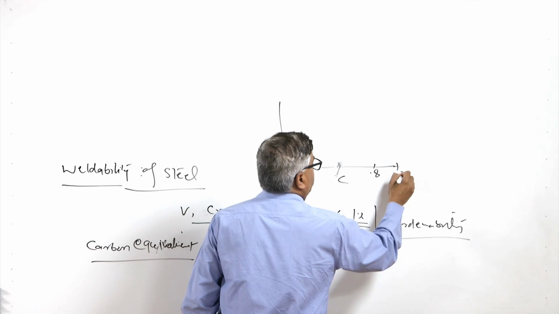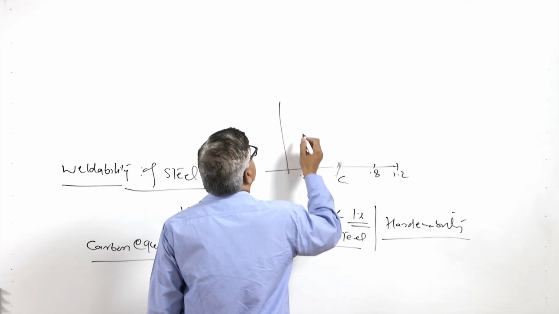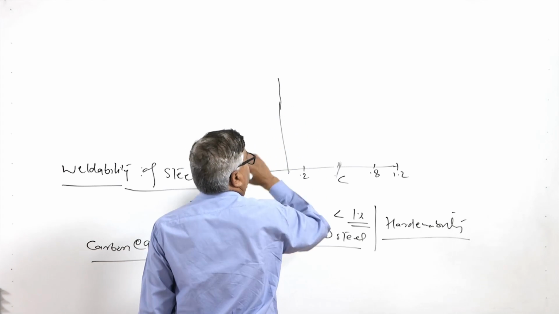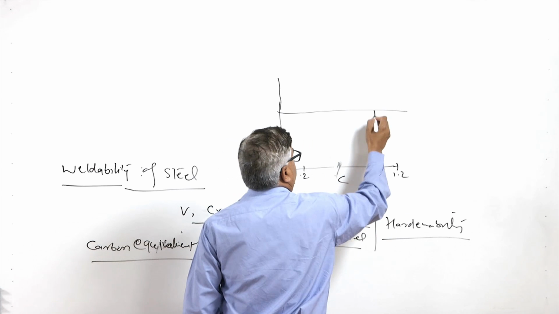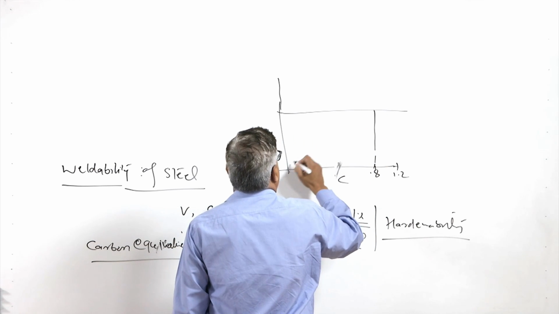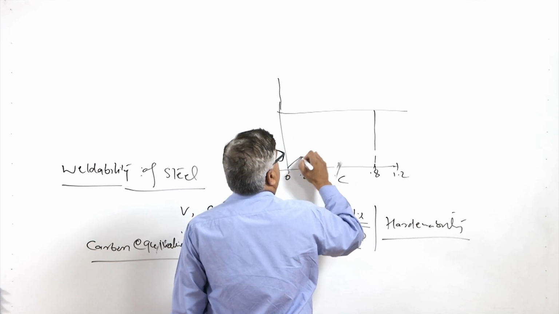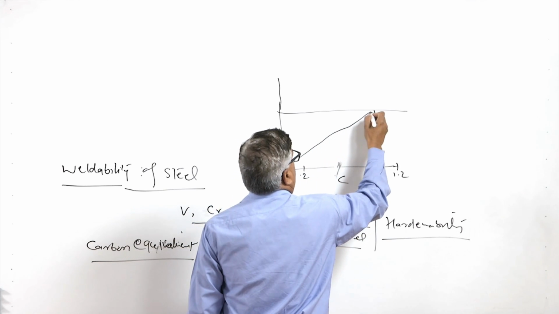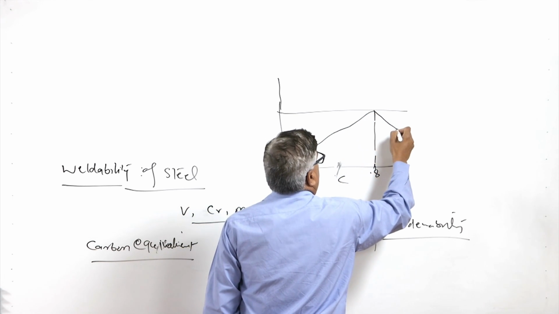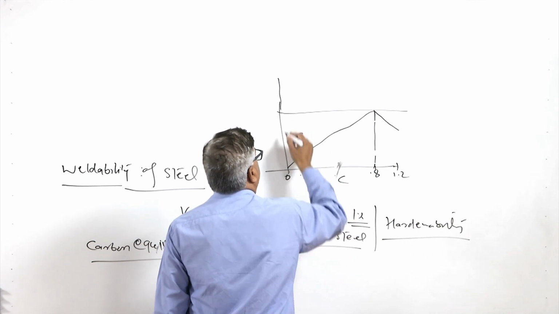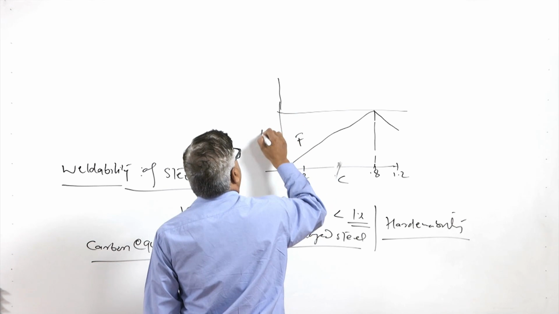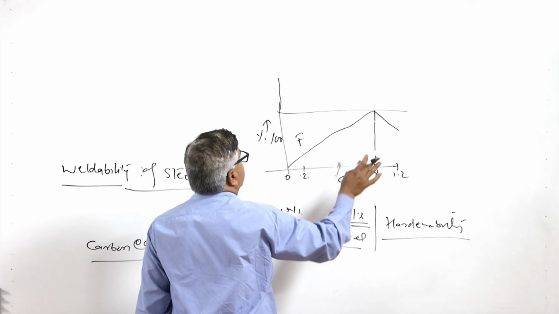and if we see the iron carbon diagram, or say the property variation or phase variation in terms of the carbon content, then what we see here is that at 0 carbon the ferrite content is 100%, and we see the proportion of the different phases.